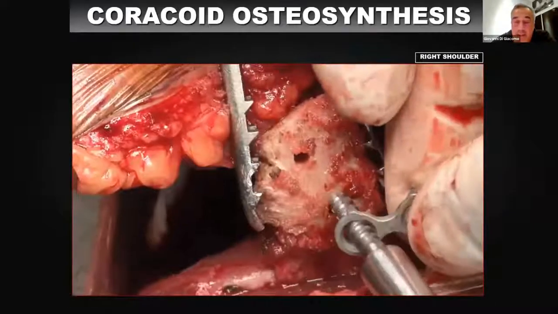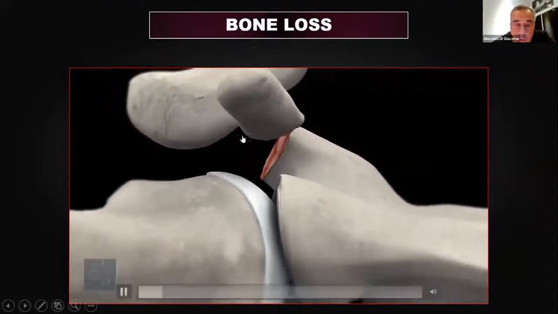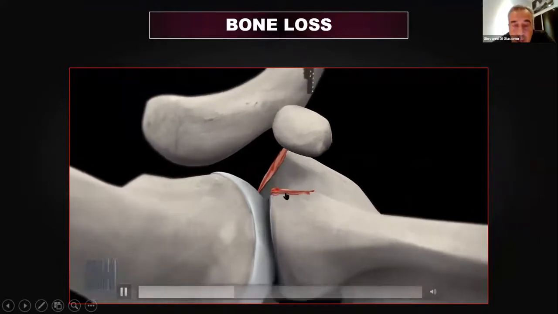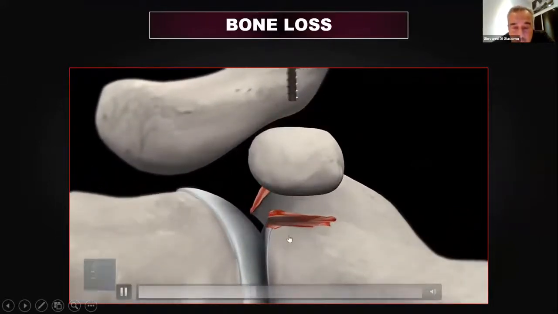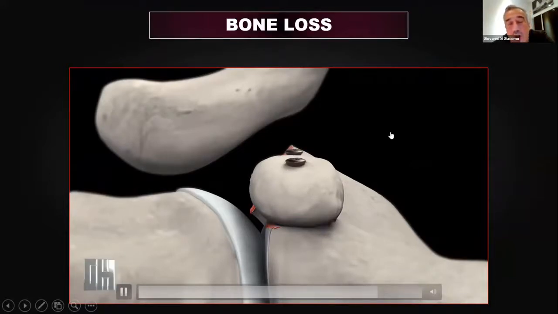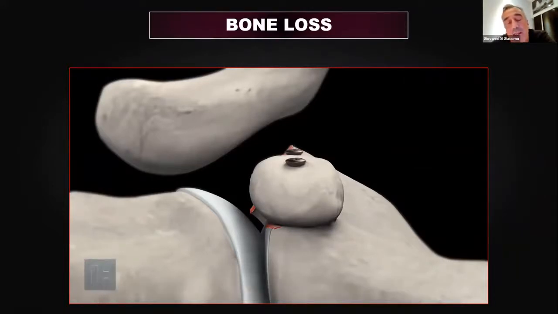And this is important, this video. You can take a look at this video. Look what happens if you don't have a huge glenoid bone loss or you have a huge glenoid bone loss. If you have a huge glenoid bone loss, you don't need the plate, you need 2 screws because it's flat. The problem is when you do the Latarjet with a minimal glenoid bone loss.